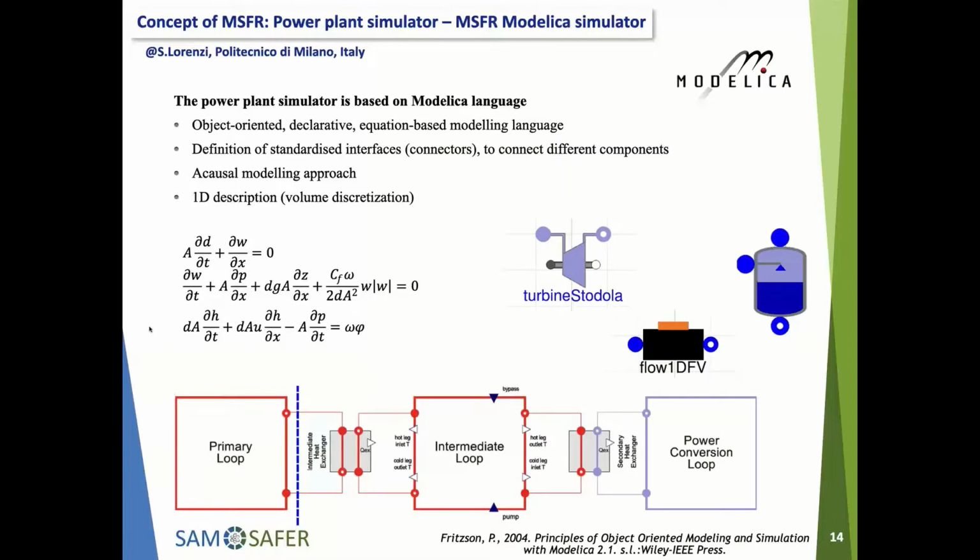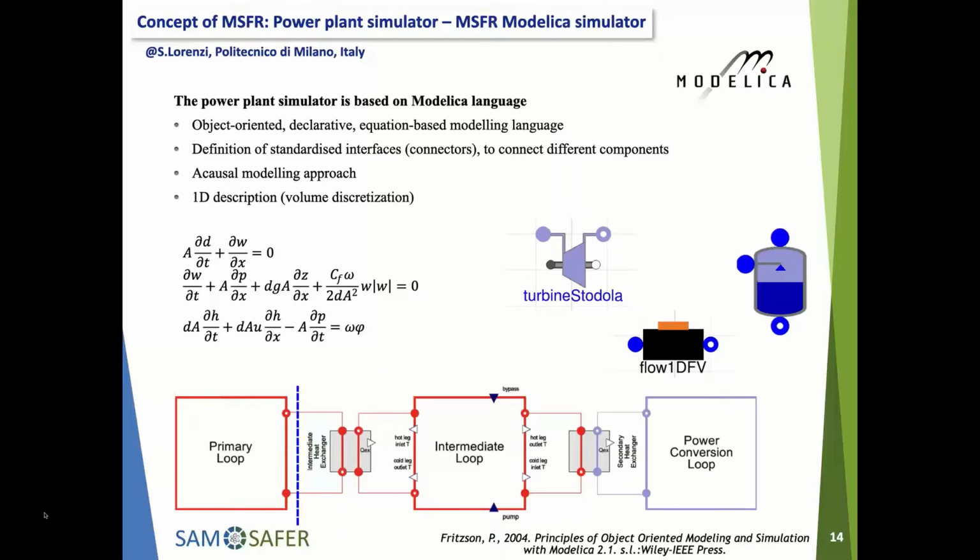Modelica is an open source language, so you can go to the website and download it, and usually these components are collected in libraries dedicated to a specific topic or modeling purpose.